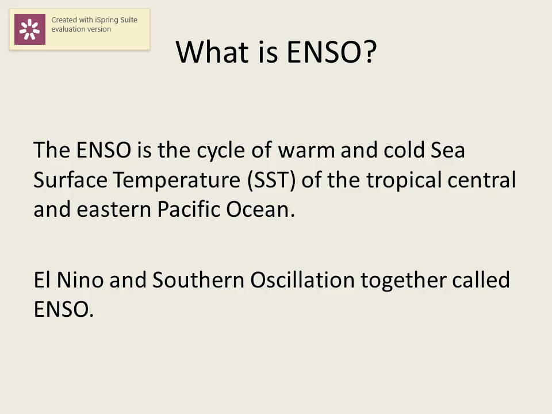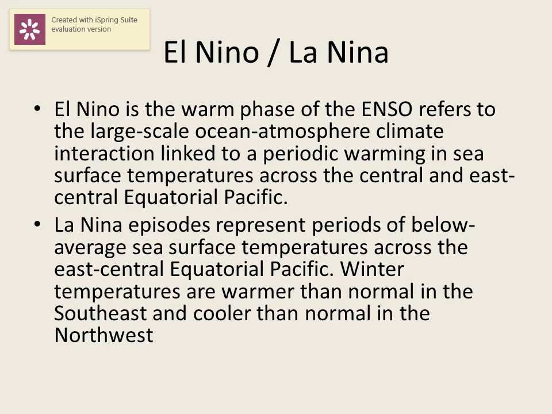El Nino and Southern Oscillation together is called ENSO. And when I said ENSO consists of warm and cold cycles, herein the warm cycle is referred to as El Nino, whereas the cold cycle is referred to as La Nina.